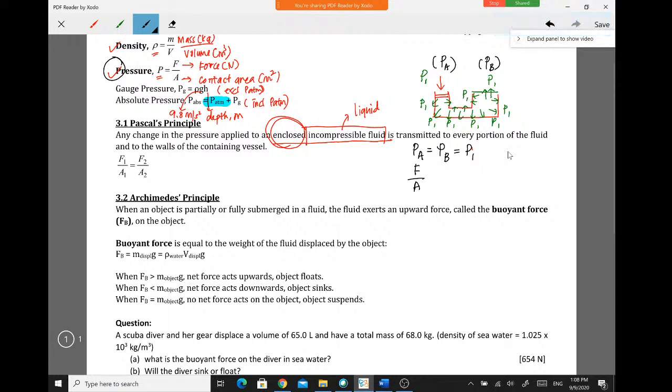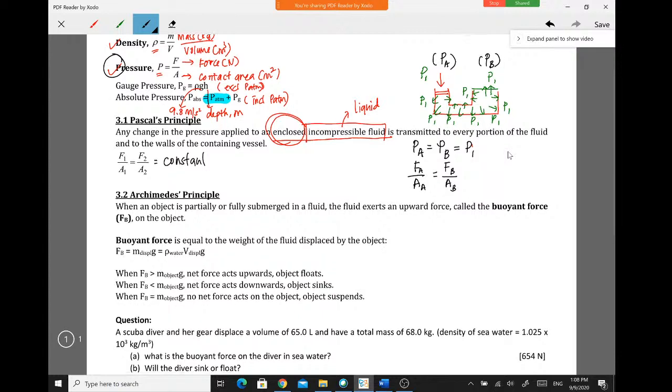So force at point A over the area at point A will be equal to FB over the AB. Right? So we can say that F over A, being applied at one point, is constant at any point inside that enclosed container which contains incompressible fluids. Okay, so that is about Pascal principle.